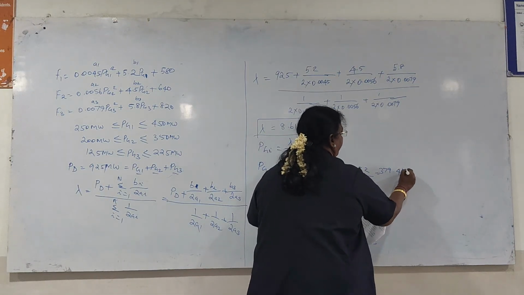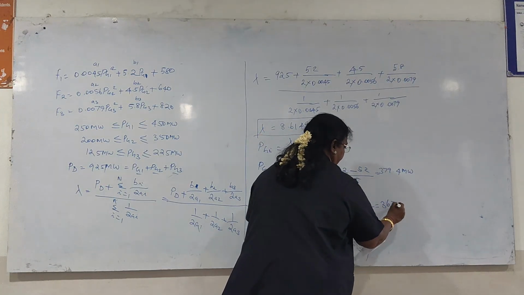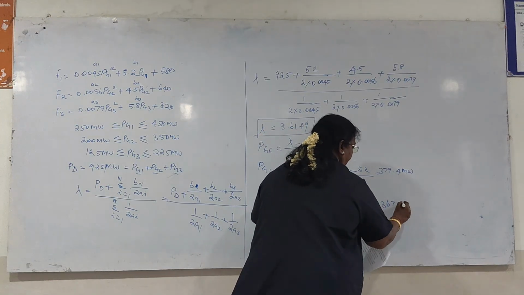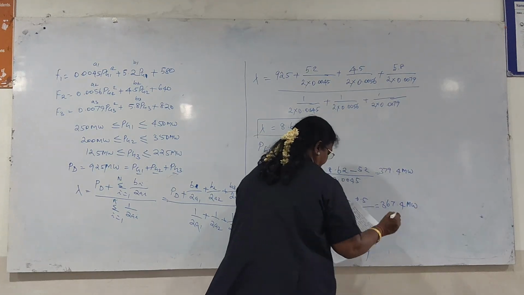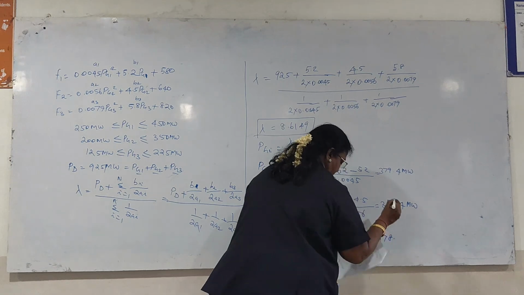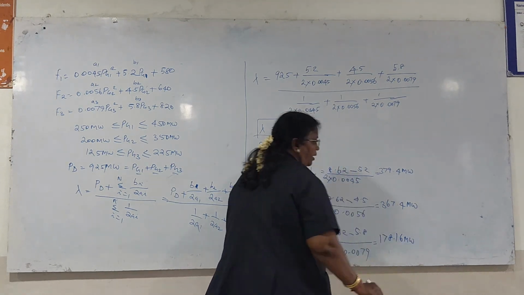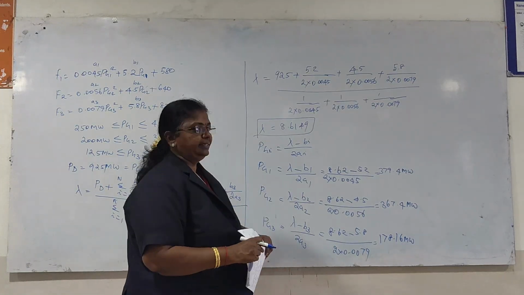Then you are supposed to get 379.4 megawatt. Then for Pg2 it is 367.4 megawatt. Then for Pg3, 178.16 megawatt.